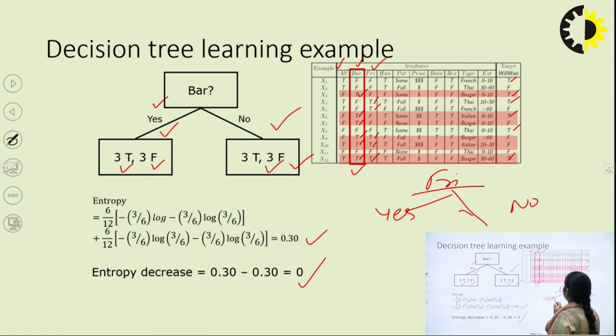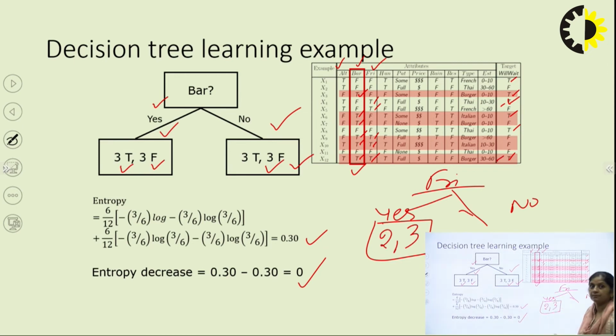And if I see these 5 trues, in these 5, what we are having, this is the true value. 2 are true and 3 are false. Same way we can calculate for no. No we are having for 7.